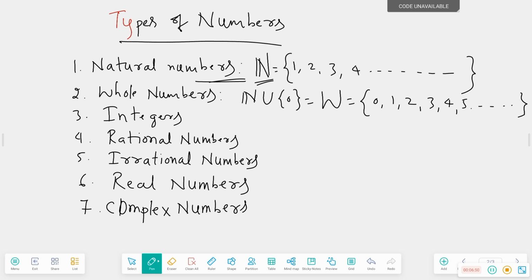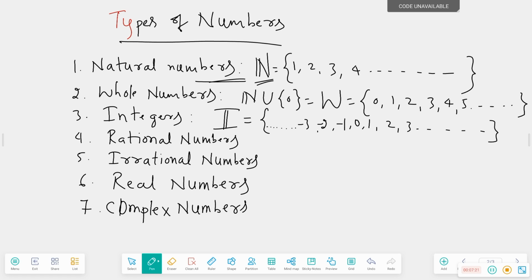And the third type of numbers is integers, and it is denoted by capital letter I, and it is given by all natural numbers 1, 2, 3 and so on, 0, and if you put a negative sign to all natural numbers, those numbers -1, -2, -3 and so on.